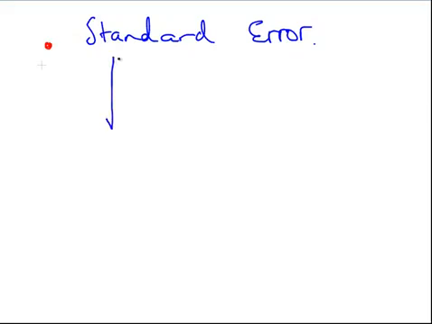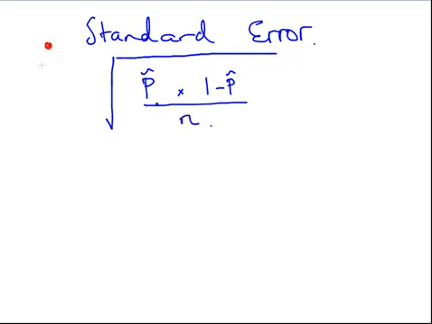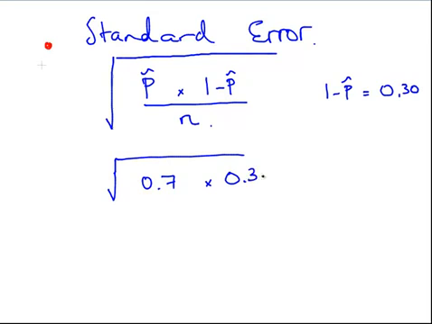So for single sample proportions, the confidence interval standard error is the square root of p hat times 1 minus p hat all over n. So what we have here is 0.7, that's p hat, times 1 minus p hat, which is 0.30, all over the sample size, which is 100.